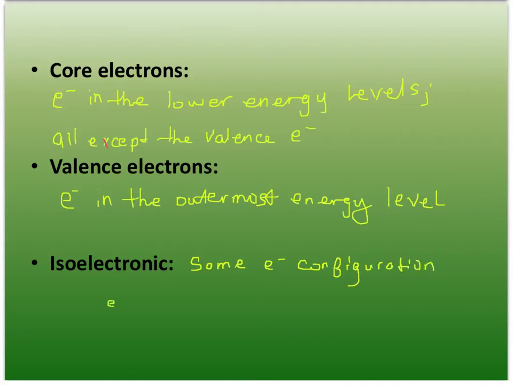Some examples: if we started off with fluorine, the fluoride ion would have the same electron configuration as neon, because fluorine would have gained 1 electron. If you look at potassium, the potassium ion would have lost 1 electron, so it would go from 19 to 18, so it would have the same electron configuration as argon. So that's isoelectronic, having the same electron configuration.